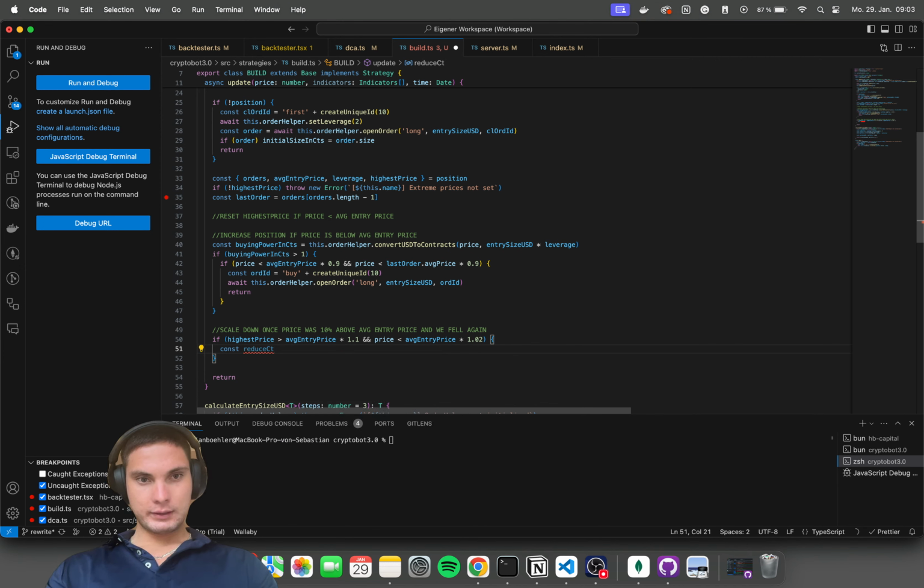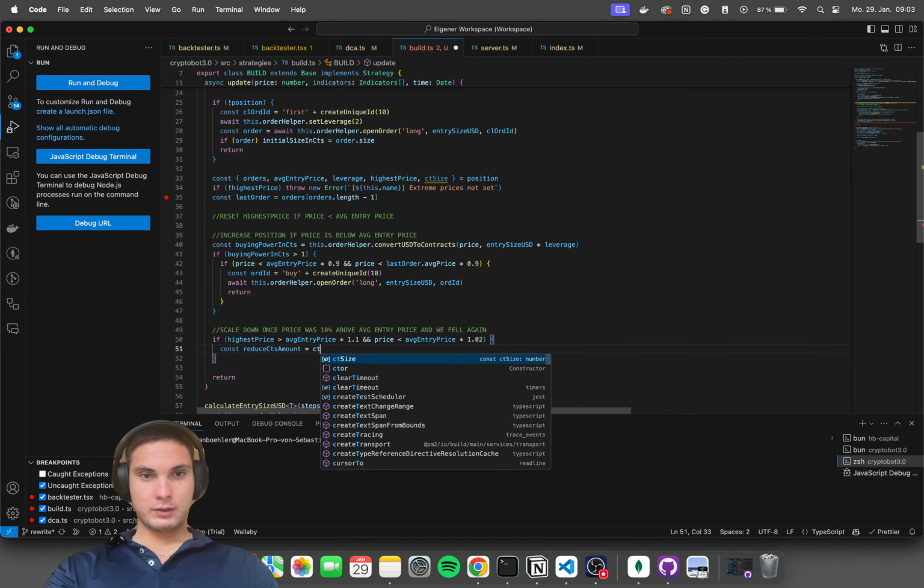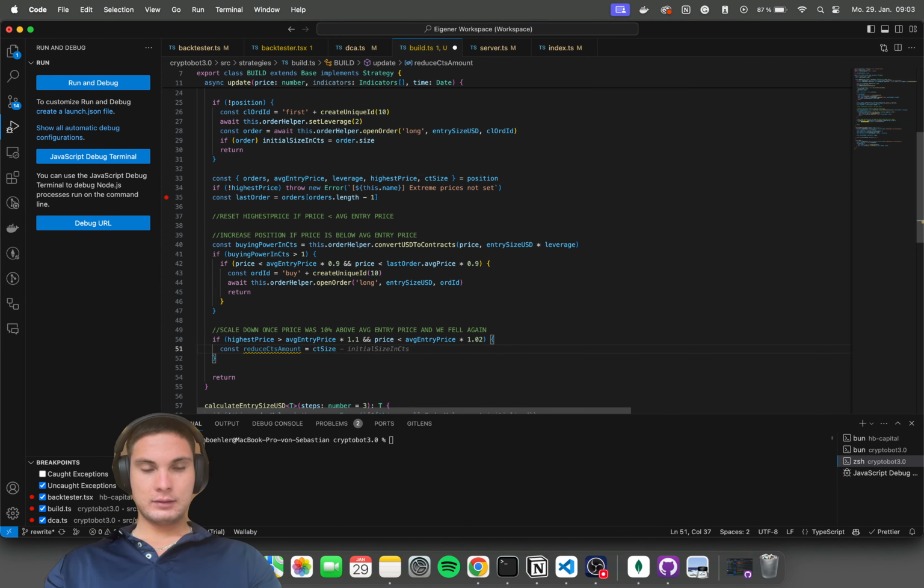Reduce contracts amount is the current position contract size, so that should be contract size minus the initial size in contracts.